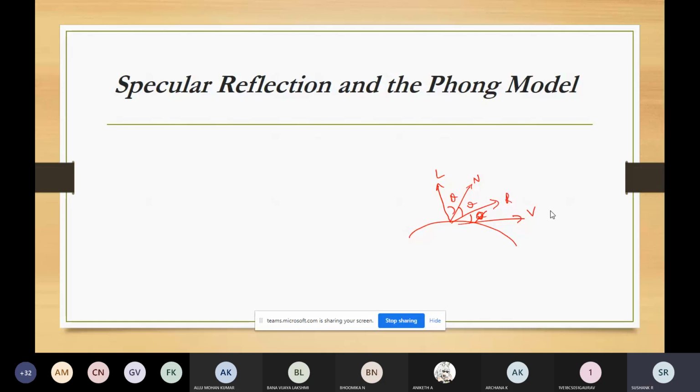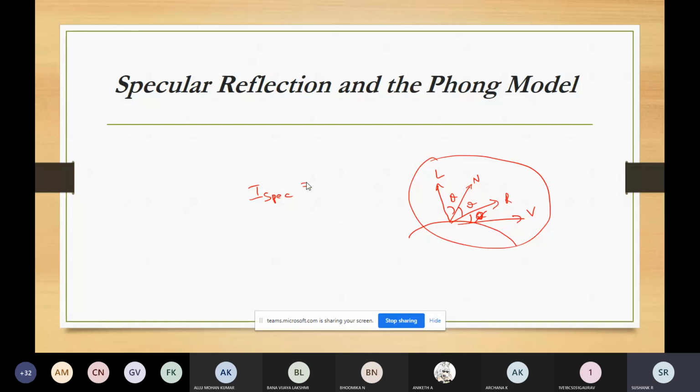What is specular reflection? Whatever light is getting incident on that surface, that entire light is getting reflected. So we need to calculate I specular reflection for this surface, which I'll calculate in the next class. It will take 10 to 15 minutes. After that we'll talk about the illumination functions and color models based on this.